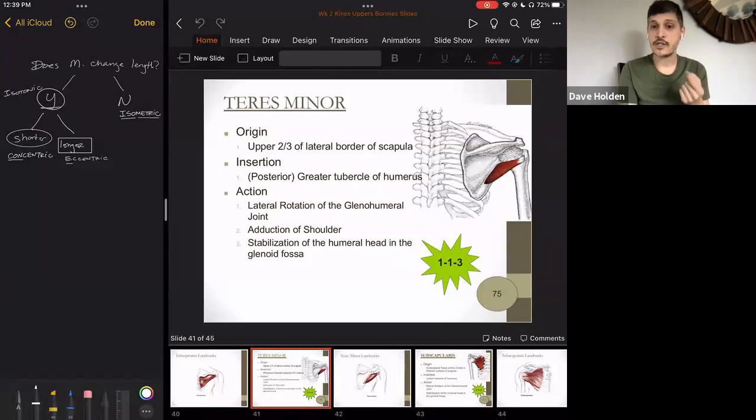It also shares an insertion with the infraspinatus muscle at the posterior aspect of the greater tubercle of the humerus. Because it shares the same insertion, they will share very similar actions, such as lateral rotation, adduction, and I promise you, horizontal abduction, but I will let that one go for now.